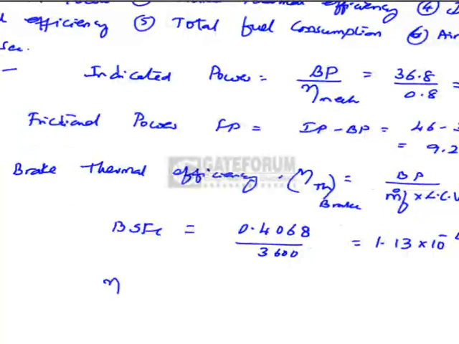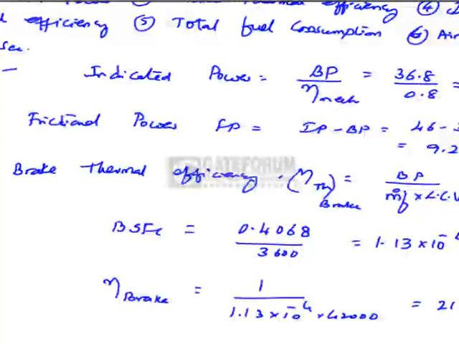Therefore, brake thermal efficiency is equal to 1 by 1.13 into 10 power minus 4 into 42,000. That yields 21%.